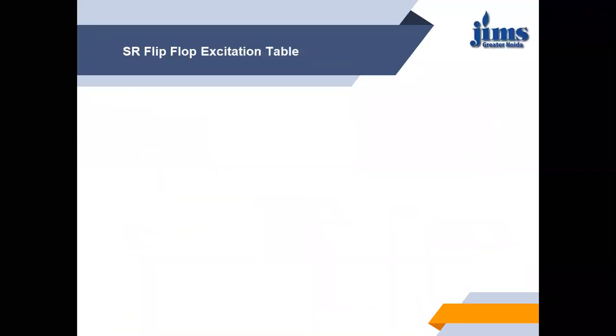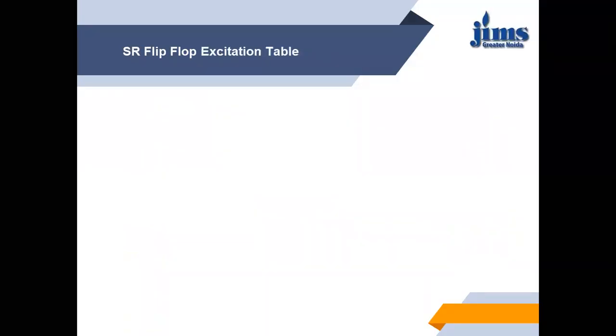Next, we are going to derive the excitation table of the SR flip-flop. Excitation table is the table used when you know the present state and the next state of the flip-flop, and you have to find out what will be the value of the input combinations, that is S and R. It is used when we are going to design asynchronous sequential circuits, and many types of counters in the coming lectures.